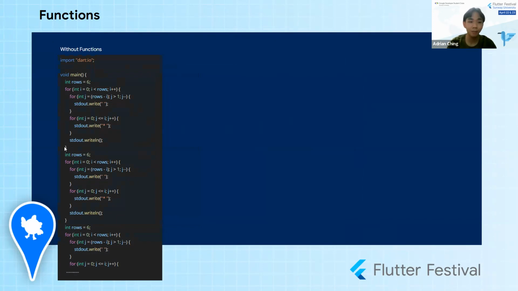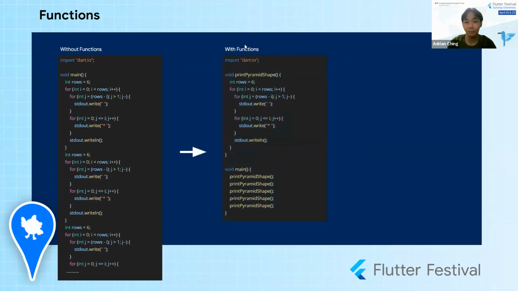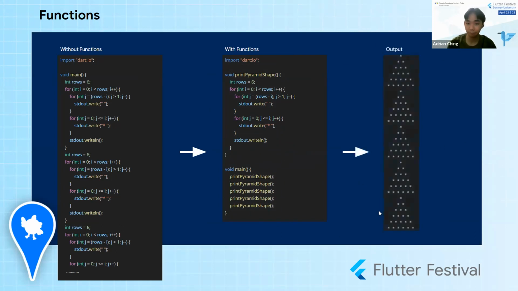So the mom just copies and pastes the same code 5 times, and it's going to be very long, very messy, untidy. And now with functions, the mom is smart. She just extracts the logic of the code into a new function called print pyramid shape. And then she can just use this function as many times as she wants. And here she used it 5 times, and this is the output.